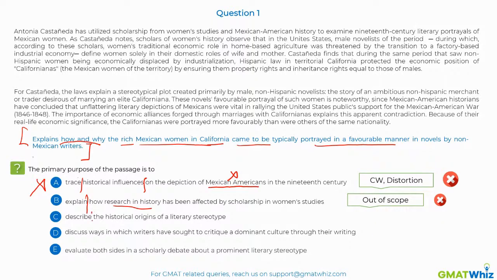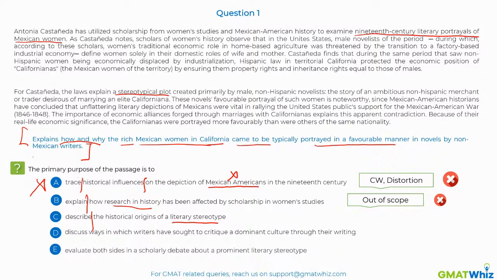Describe. Okay, I'll hold on to that because the author does describe how Mexican women were portrayed in that era. Describe the historical origin of a literary stereotype. Now, literary stereotype here would refer to this plot, right? And the plot was about the 19th century portrayals of Mexican women.